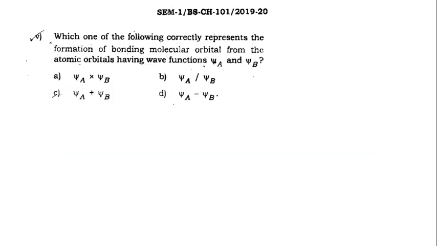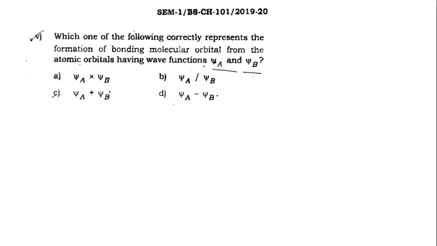Okay, again a very easy one, right? This is again from molecular orbital theory. Which one of the following correctly represents the formation of bonding molecular orbital from atomic orbitals having wave functions psi A and psi B?